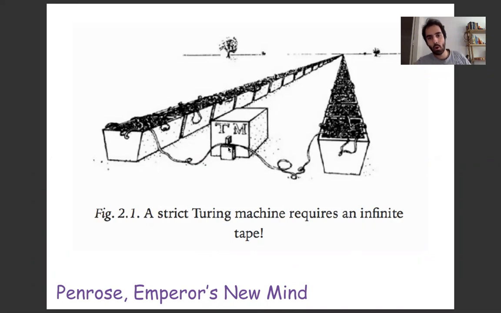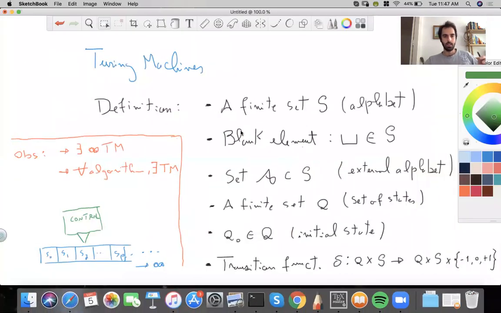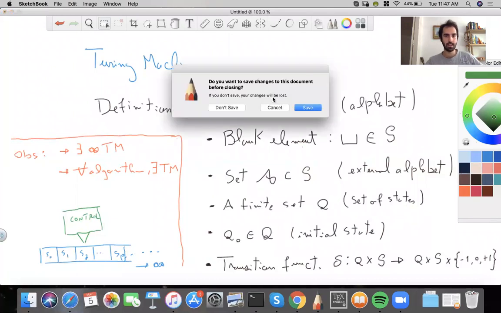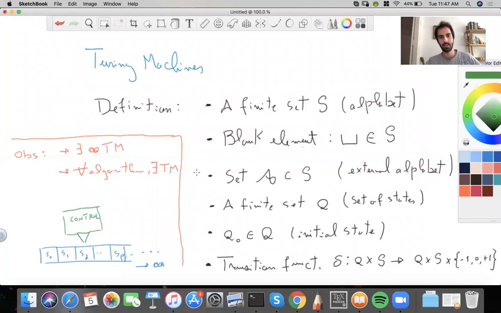There's a head that can alter, so it can erase what's written on one slot of the tape, and it can write something else, right? And there's this black box here, which executes the function of the Turing machine, or executes the algorithm. Okay. So fair enough. Let's have a look at the definition a little bit more.